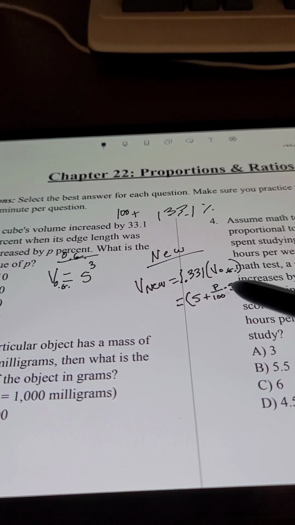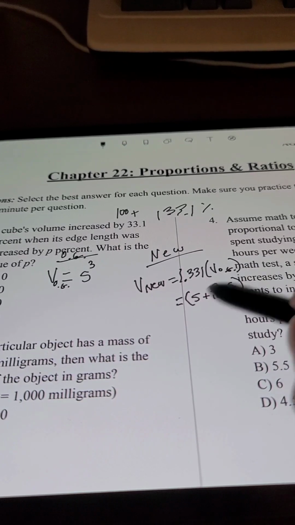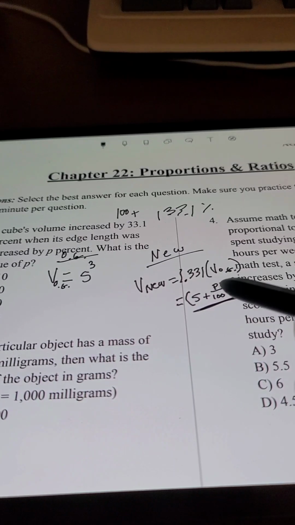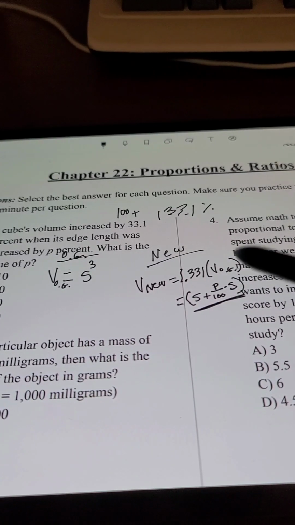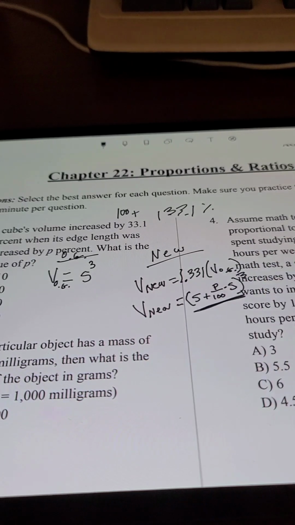If we wrote the percent as a fraction, it would be p out of 100. So it's going to increase by that much, and this whole entire thing represents the new increased edge length. So I have to cube it all to get the new volume.